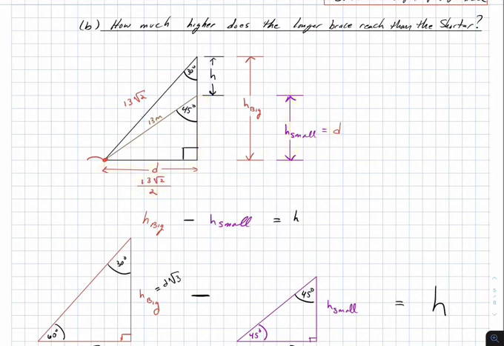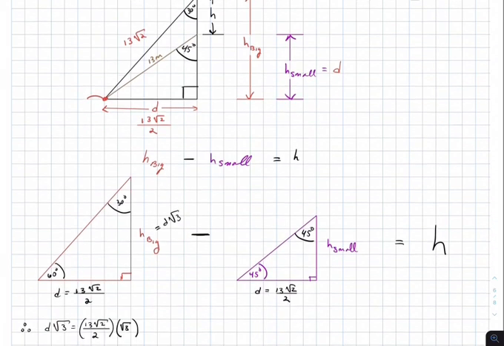See? So I rewrote it in a very basic algebraic relationship, if you will, or equation. I subtract, or I take the difference in the heights to get the height I want.